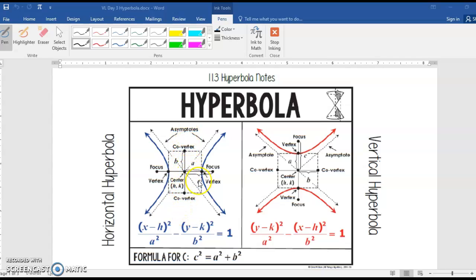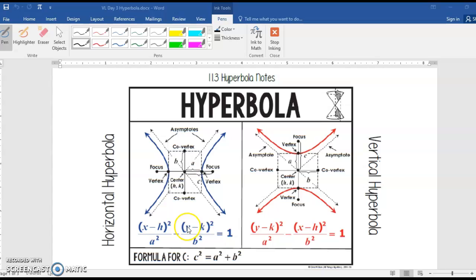The major difference between hyperbola and ellipse would be the minus sign in the equation, and of course the structure. The minus sign actually decides if it is horizontal or vertical in the case of hyperbola.